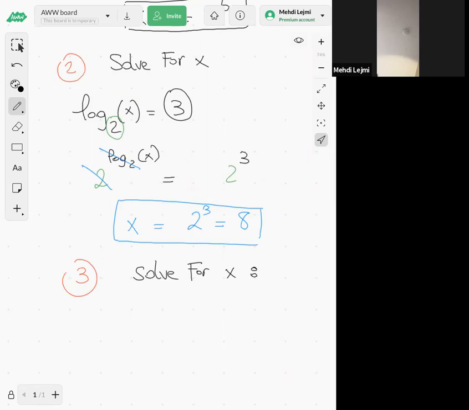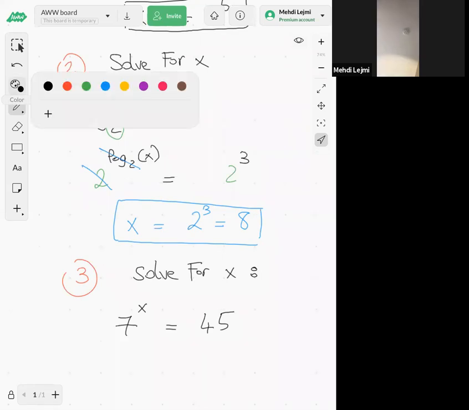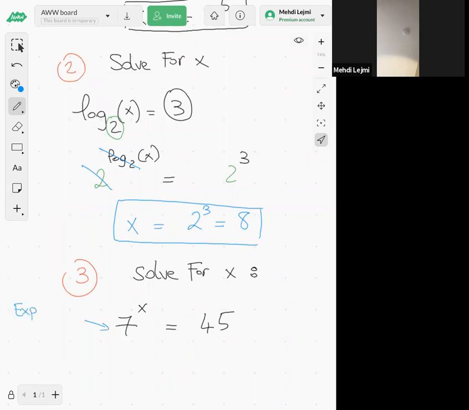Let's say I have 7 to the power x equal to, let's say, 45. Here, on the left side, I don't have a log. On the left side, I have this exponential in base 7.